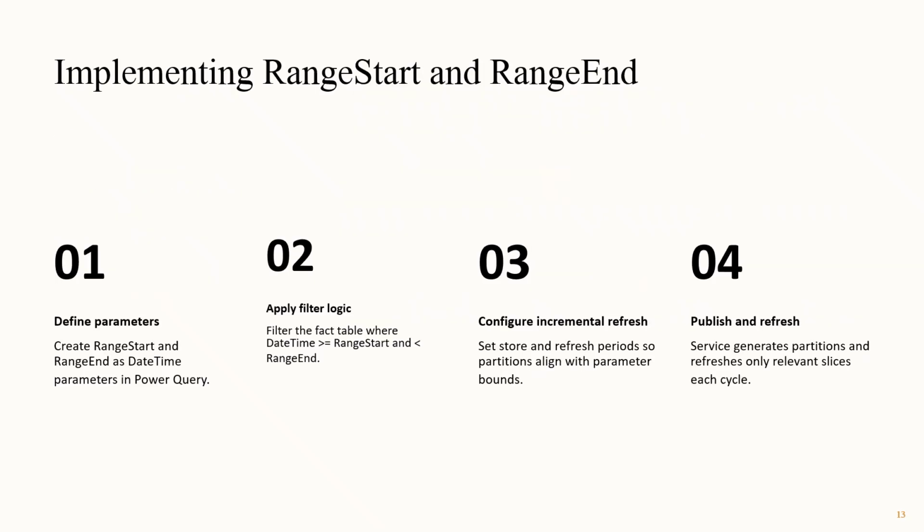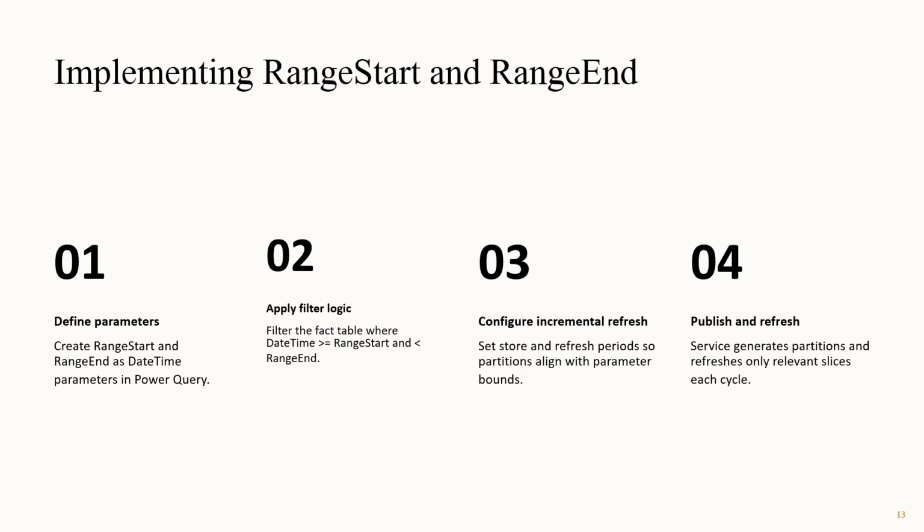Implementing the range start and range end parameters. Okay, we can see here. First, we need to define the parameters, and the name of the parameters must be range start and range end. We have to define these parameters in the Power Query and then apply the filters using greater than or equal to the range start and less than the range end on the date or datetime columns.